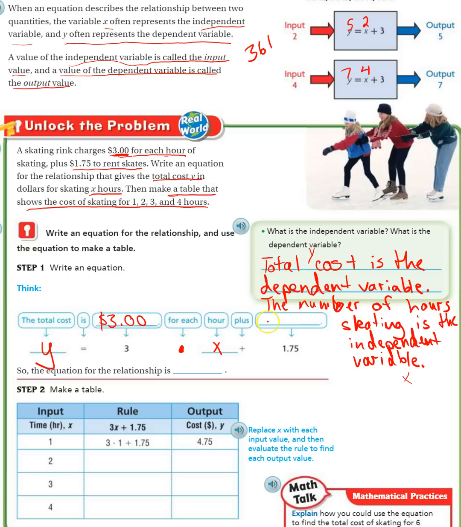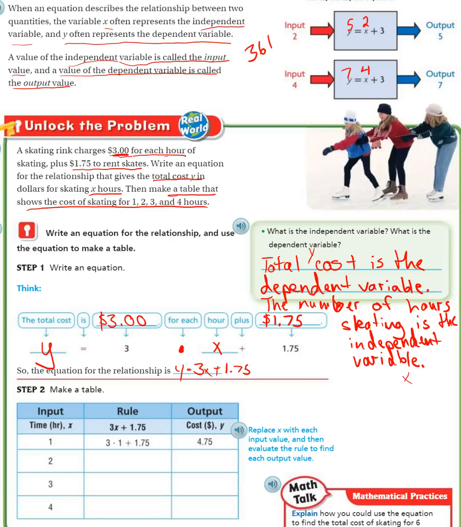And then $1.75, which is how much they charge no matter what, just to rent the skates. So the equation for the relationship is y equals, and then I can show 3 times x as 3x, plus 1.75.